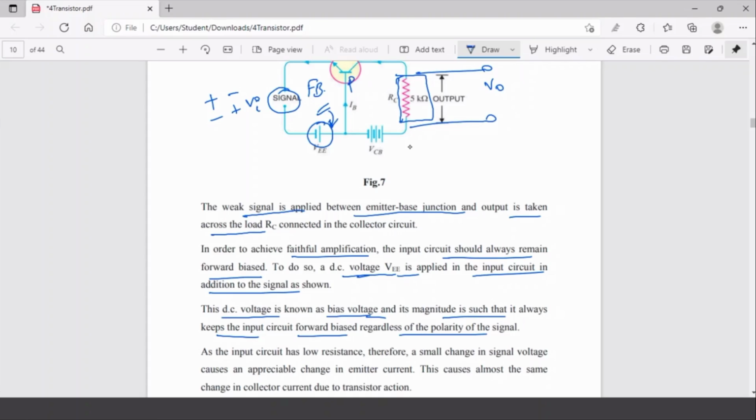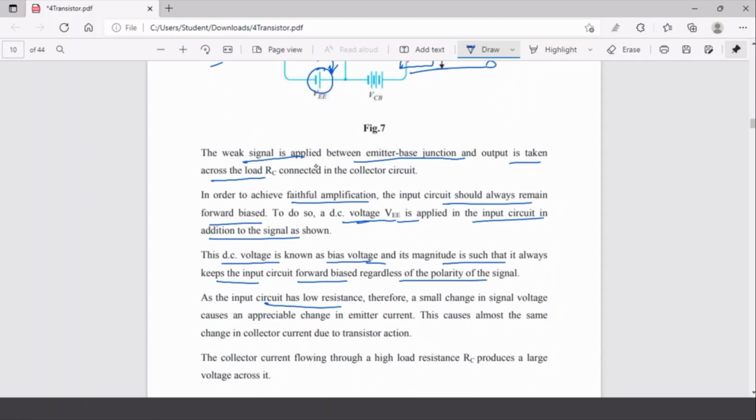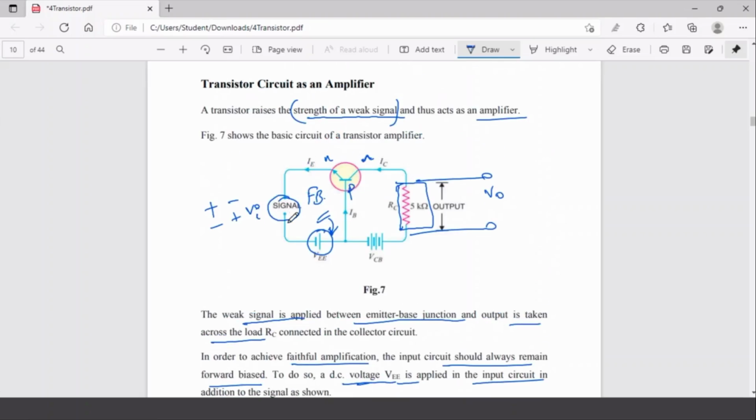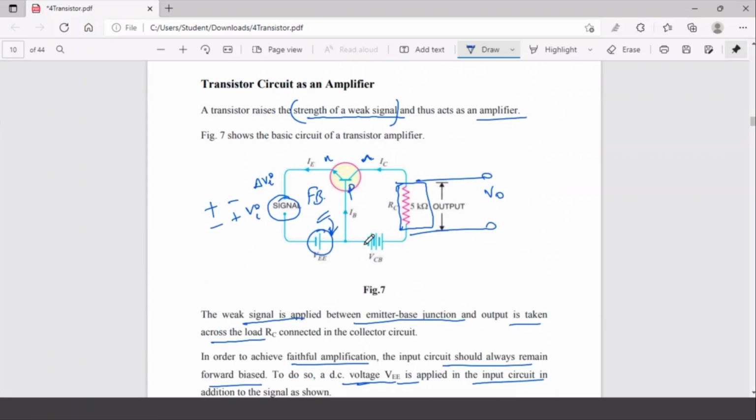Now, as the input circuit has forward bias, it has low resistance. So a small change in the signal voltage, any change delta Vi, will lead to an increased current in the emitter. There is an appreciable change in emitter current, because the resistance offered by the base emitter region is very, very small.